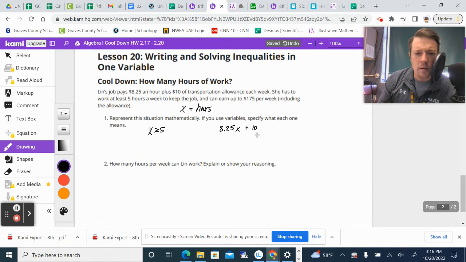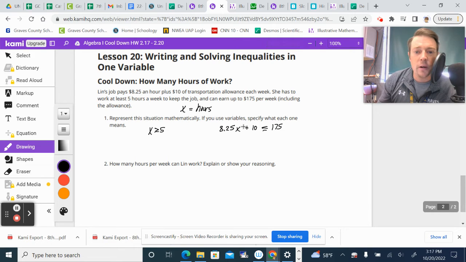So these two numbers need to get added to get her total, and that can be up to $175. So that means that the company doesn't want to pay her more than that. So they want to stay less than 175, and up to means that it would be okay if it equals that. So these are like the two constraints that I feel like represent this story pretty well.